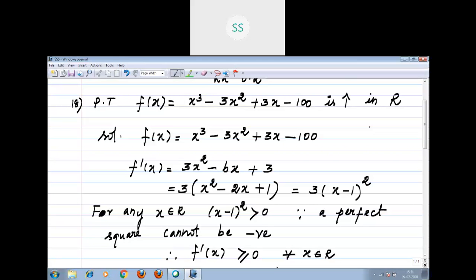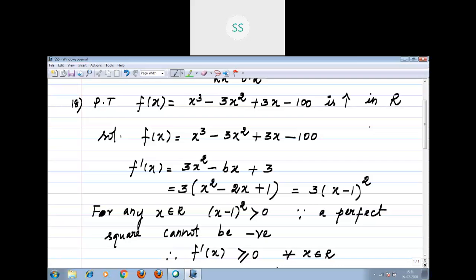Minus infinity to 1 closed, again 1 closed to infinity. Finally, what is your conclusion? On the open interval minus infinity to infinity, the function is increasing. I hope you people understood, right?